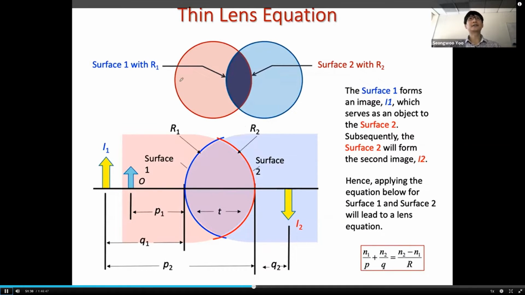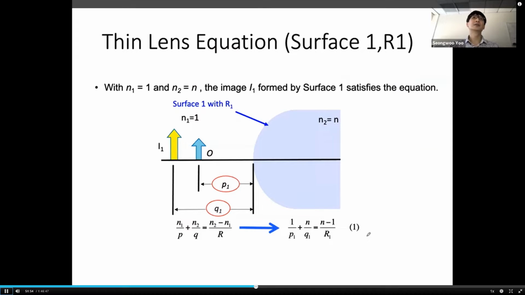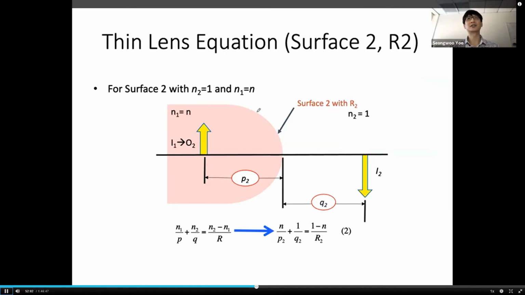Now, the next topic is the thin lens equations. Again, the derivations of these thin lens equations are given in the LAMS video, so I will just skip those. I just want to encourage you to watch the LAMS videos for the derivations. But the starting point is the equation we just derived from this water tank. You apply that equation for this curvature, and then you apply the previous equation for the opposite curvature.